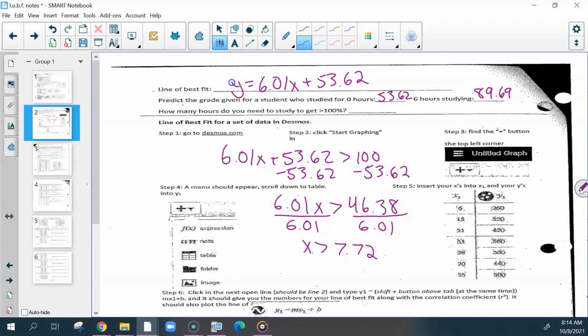So in this problem, they would have to study more than 7.72 hours in order to get more than 100%.